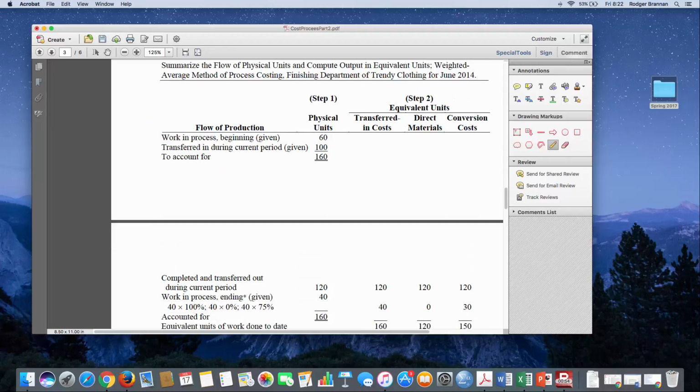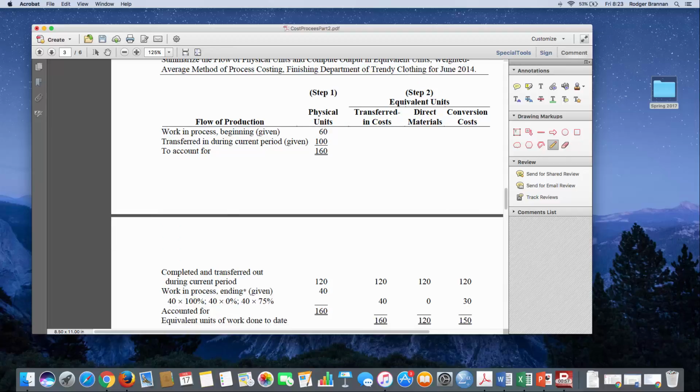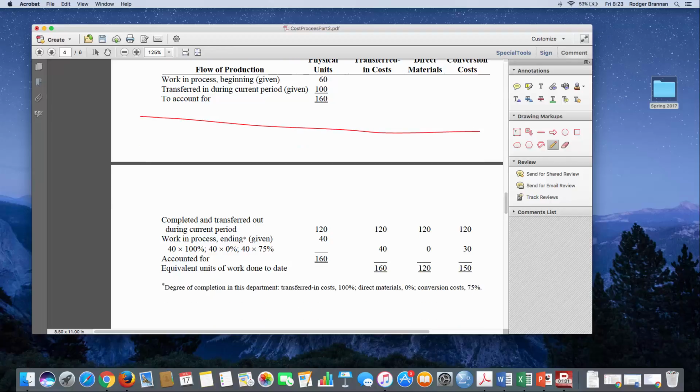Now, again, the issue here is not so much with the top part of the equation, but with weighted average, it doesn't matter how, when, and where something began. As long as I did something with it during this time period, it's included as part of the calculation. So even if I only add 1 more percent to finish it, it's treated as if it were here the whole time.